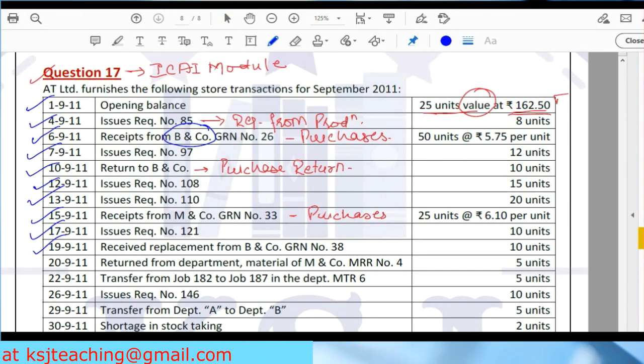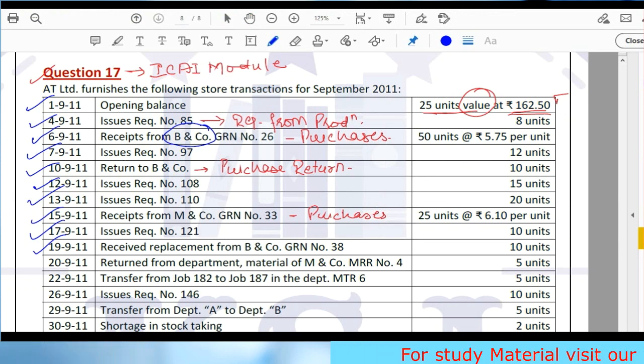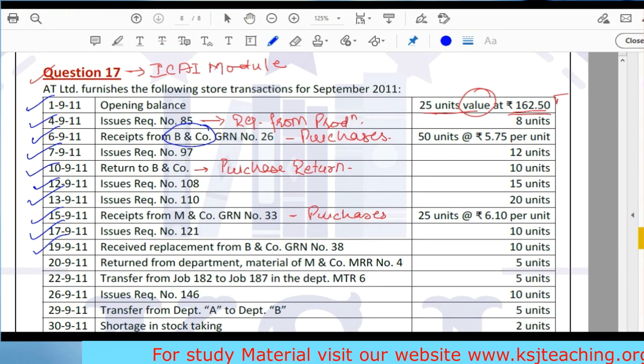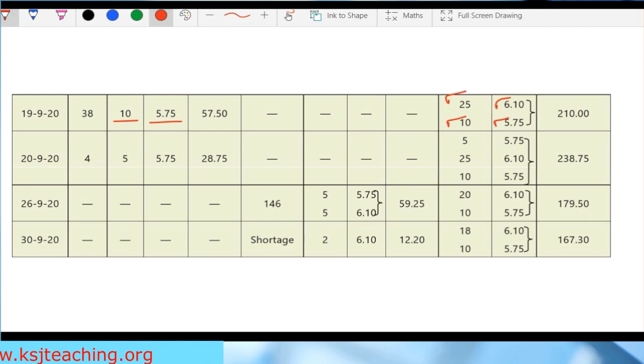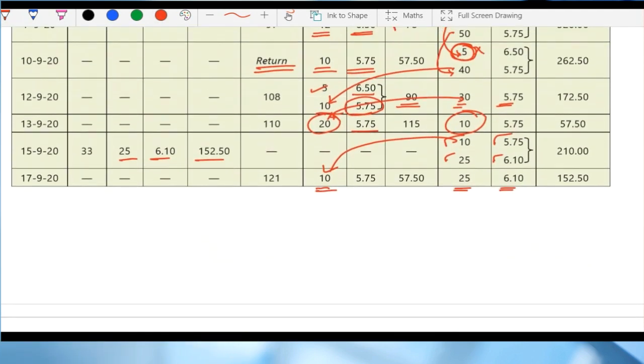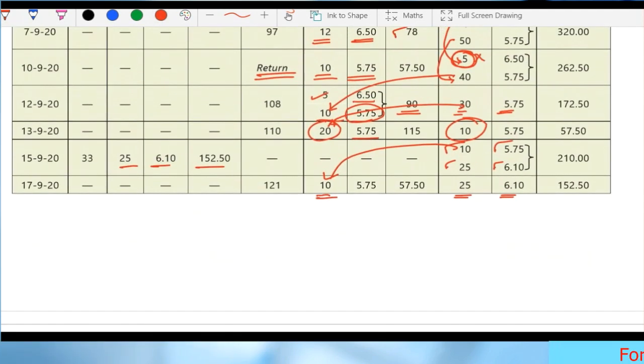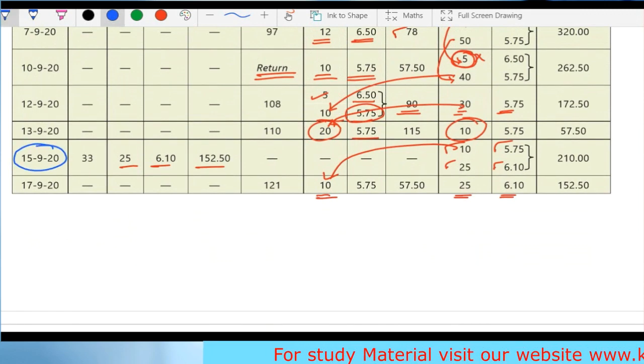Right, this is done. Now the 20th, returned from department, material of M&D Company, 5 units. Now there is some structural problem in this question, I can say. Sir, how is there a structural problem? Try to understand this. This M&D Company material was received on the 15th of September 2020, correct?